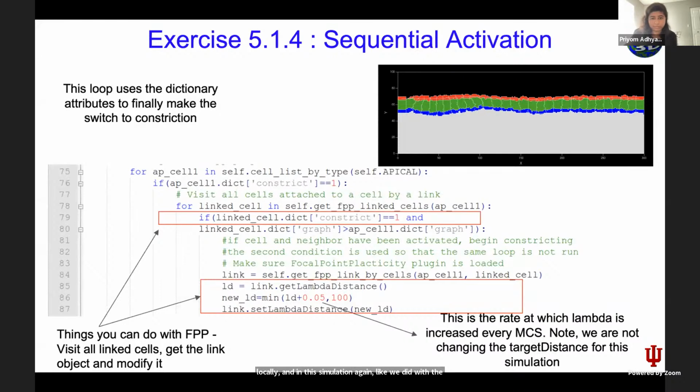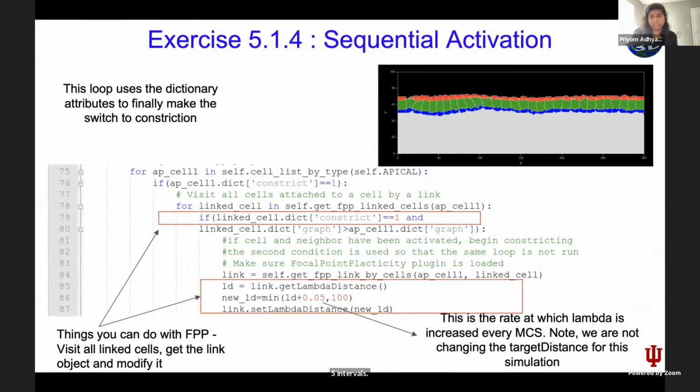And in this simulation, again, like we did with the simultaneous case, we could change either lambda distance or target distance or both. In this case, I'm choosing to keep the target distance the same as what we started off with when I created the simulation. And I'm only incrementing the lambda distance in 0.05 intervals.